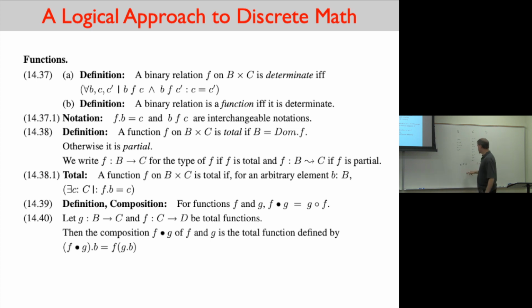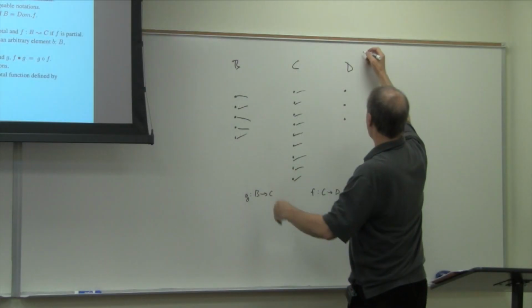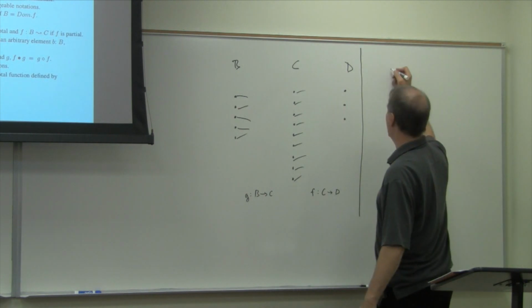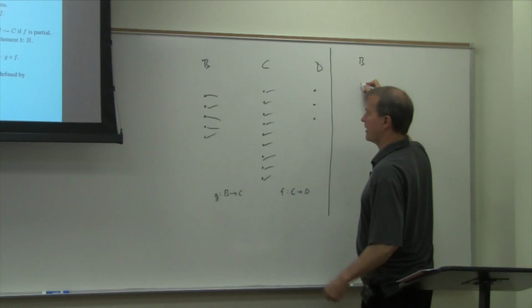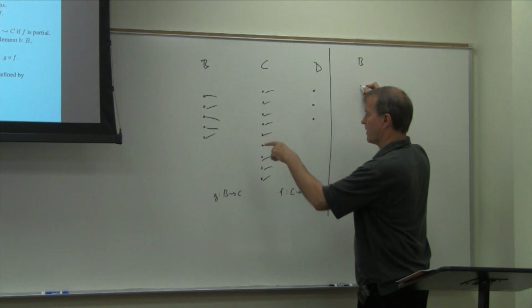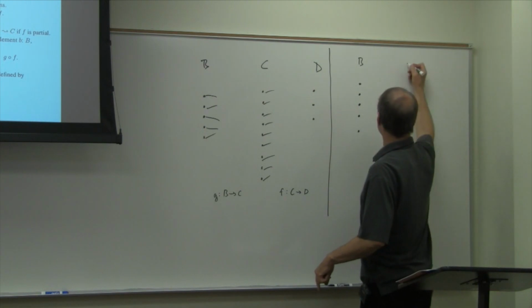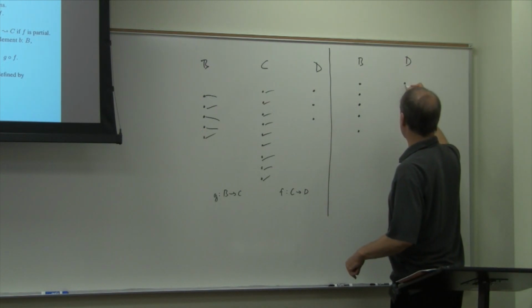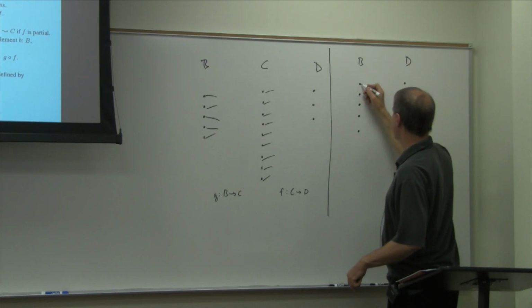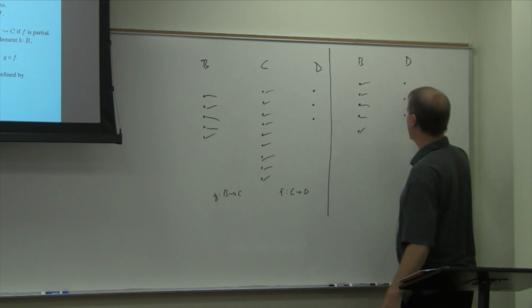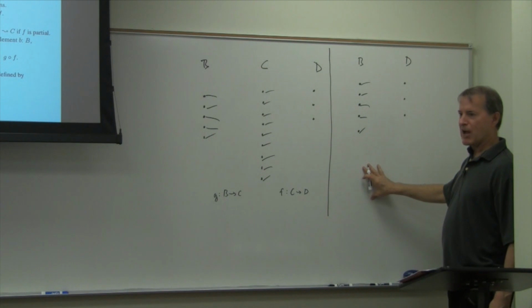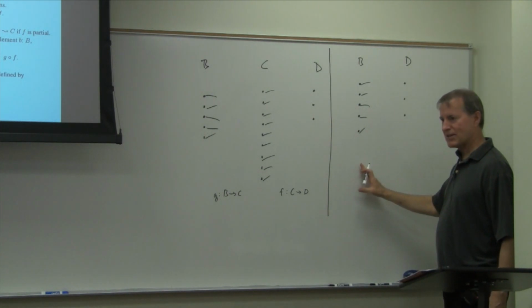All right, so what the composition is, it's just like the relation product. In other words, if you have all of this, this is equivalent to what? This is equivalent to a single one, and here B has 1, 2, 3, 4, 5, and then D had 3, right? 1, 2, 3. And this is total. All right? And so the composition, it's as if there is a single function.